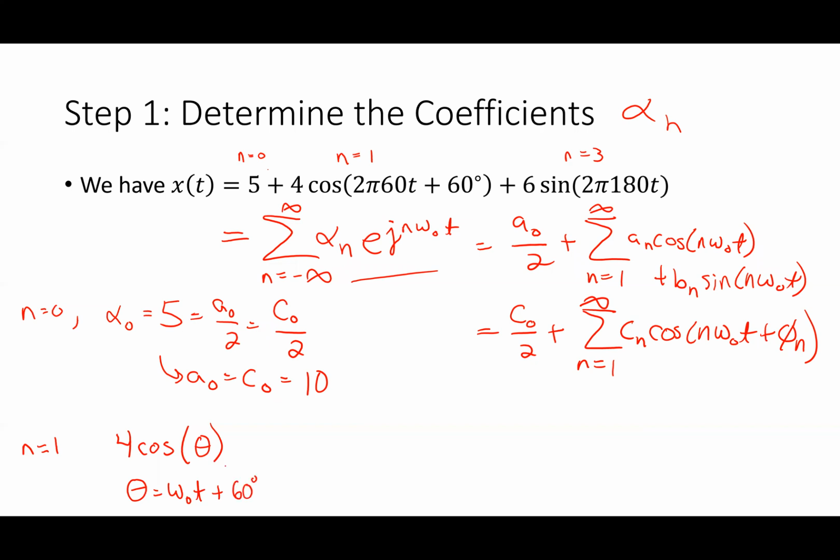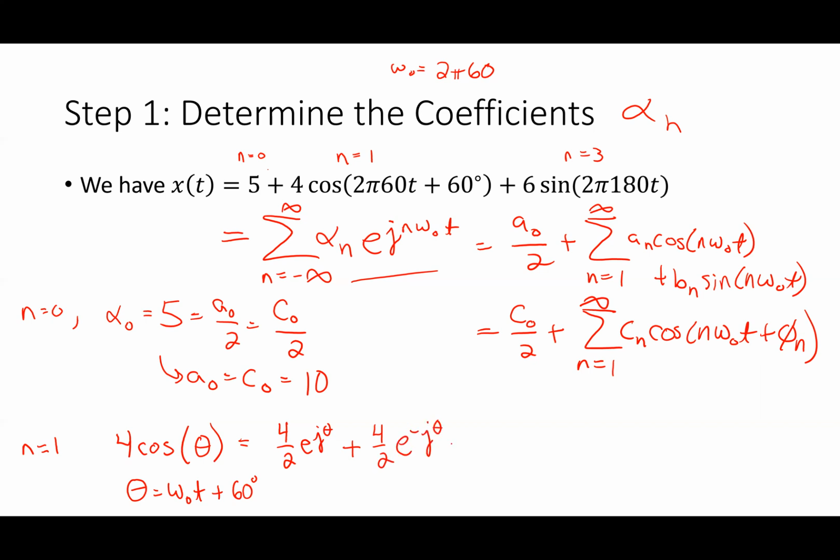What was omega naught? 2 pi 60. So when I look at that, I can go to Euler's identity. What's Euler's identity telling me? It tells me that if I have an amplitude times cosine theta, I have 4 over 2 e to the j theta plus 4 over 2 e to the minus j theta.